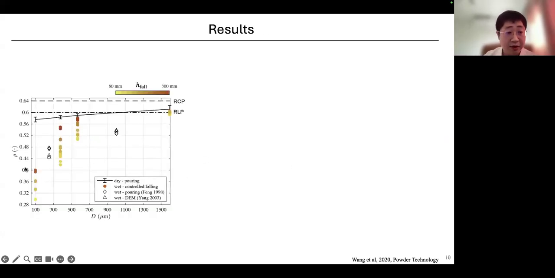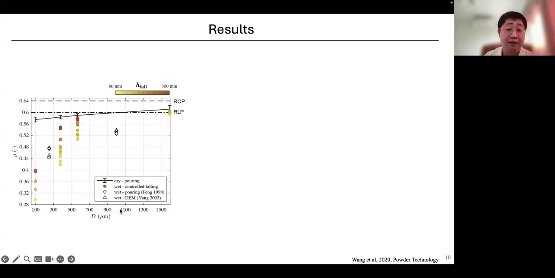All right, so quickly the results. On the y-axis, we have the packing fraction, which is a dimensionless number going from 0 to 1. The horizontal axis is the size of the particles. The colored dots represent different free fall heights, going from 80 millimeters to 300 millimeters.